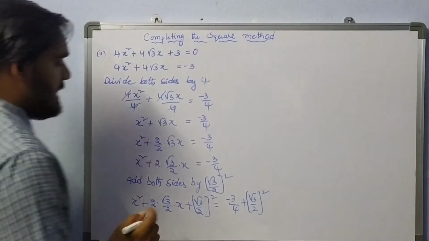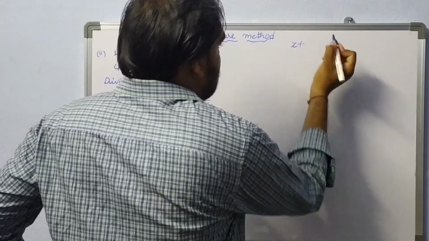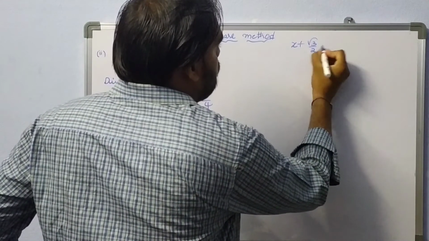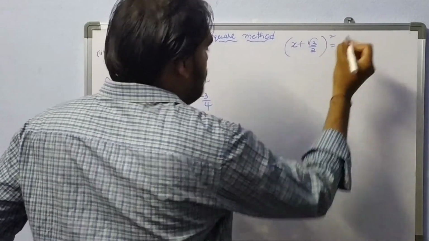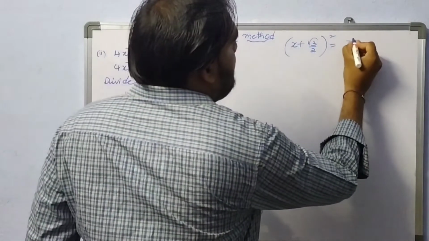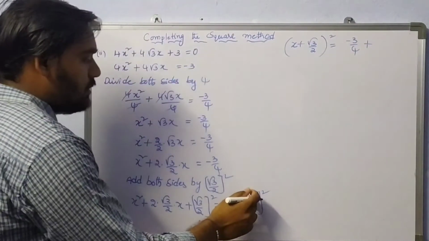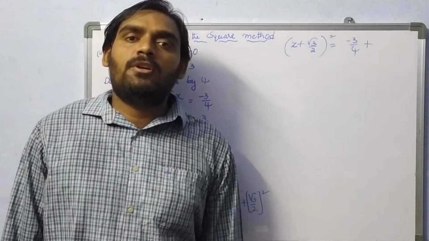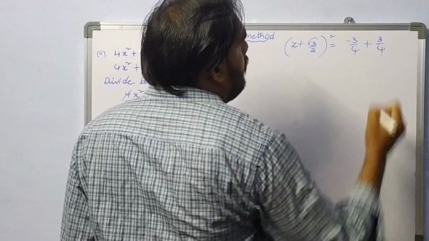Now this can be written as x plus root 3 by 2 whole square is equal to minus 3 by 4 plus root 3 by 2 whole square. Root 3 by 2 whole square means root 3 by 2 into root 3 by 2. Here we will get 3 by 4.